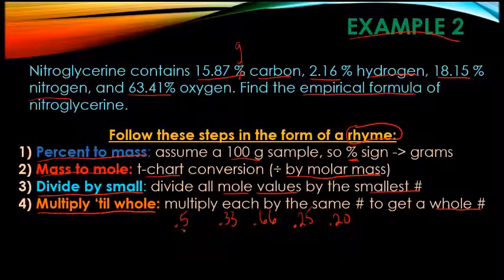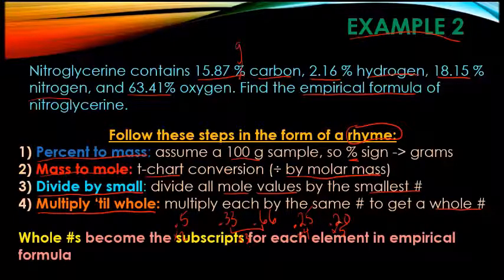So in order to make 0.5s turn into whole numbers, you have to multiply through by a 2, and every element gets multiplied by that 2. The 0.33 and the 0.66 is an easy one because all you have to do is multiply them all by 3. So multiply through by 3 and you'll end up getting a whole number. If one of the elements ends up in that particular arrangement, all of the elements would be multiplied by 3, and then 0.25 you could probably see is a times 4. 0.2 would be multiplied by a times 5.